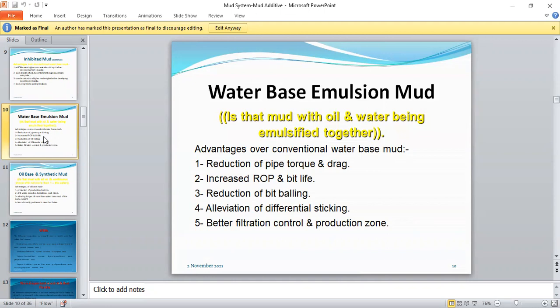If you apply 7,000 pounds, the pipe will be rotating, and maybe it gets 60 RPM, 60 rotations per minute.